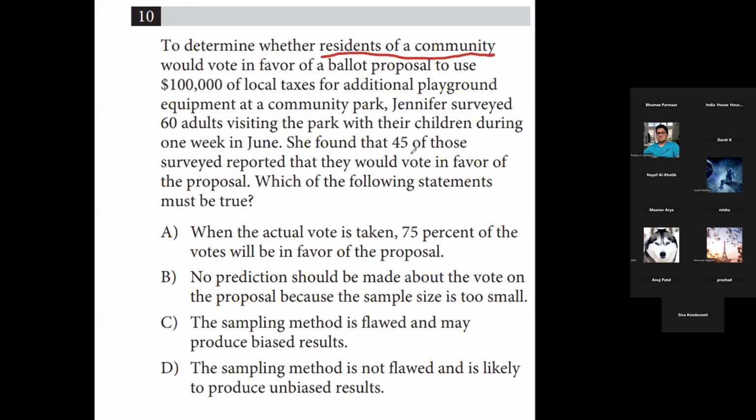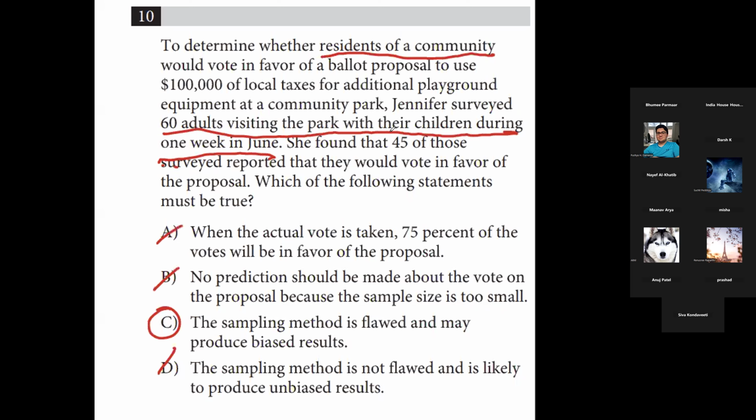And then they surveyed 60 adults visiting the park with their children during a specific week in June. So basically the question is, can we even extrapolate this sample to all residents in a community? To which the answer is no. The sampling method is flawed and may produce biased results.